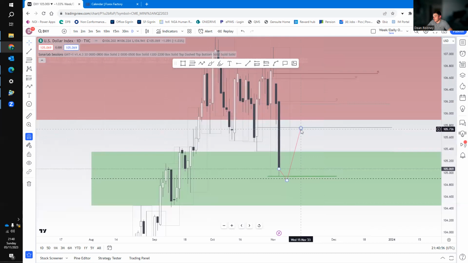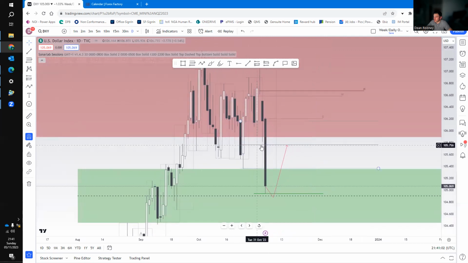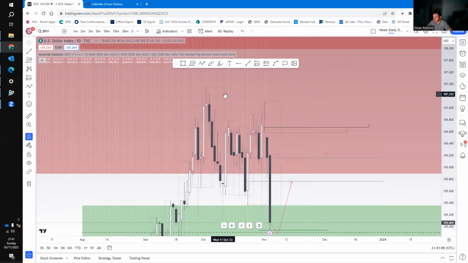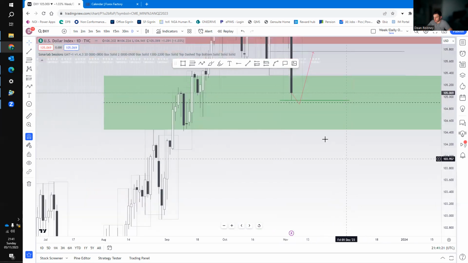And then perhaps from this area, I would be looking to see what we do. So as I said, if we start closing back above this area next week, then I would be anticipating these levels above to be taken. If we come up at this area and we start to show weakness again, then there's a chance that we're coming in much lower.